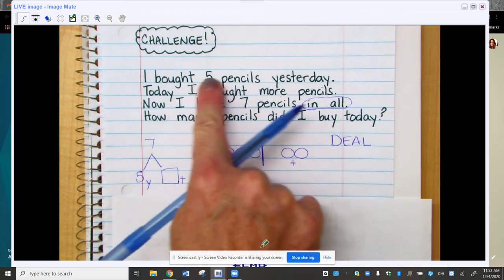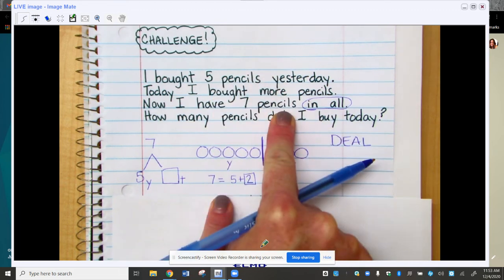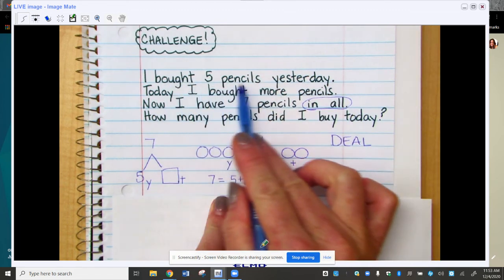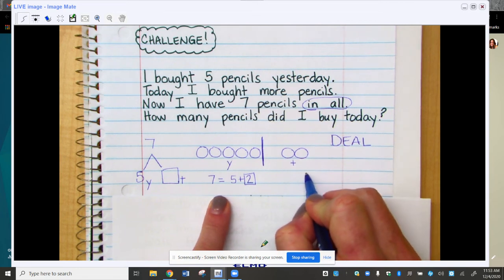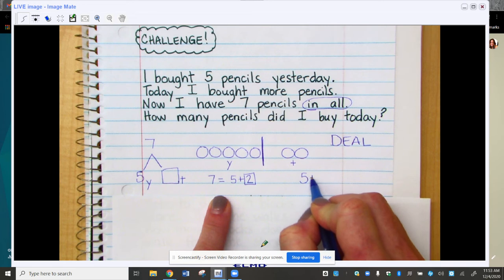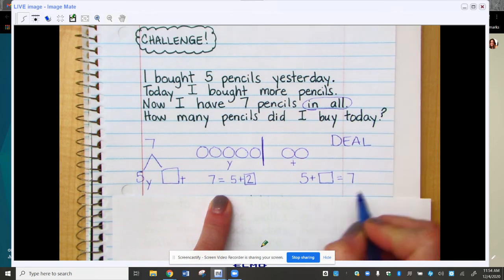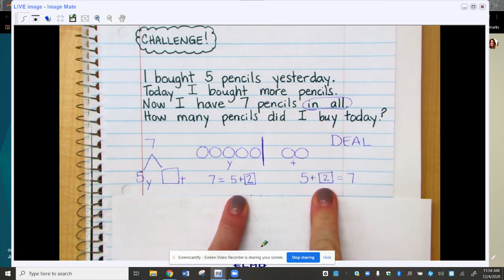You might have written it in order of how the story problem is written. So I bought 5 pencils yesterday. You could also write it like this: 5 pencils plus the pencils that I bought today is a total of 7. Either way, they're both correct, and both are looking for the missing or unknown partner.